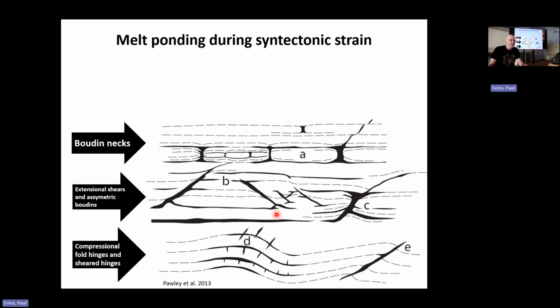Extensional shears like this in a typical net metatexite, and also extensional shears between boudins and boudin necks, and also, and this is quite common in ore geology to think about with hydrothermal fluids, but the same thing happens with melt, you can get it in fold hinges where they open up a little bit and create space for melts to come in.